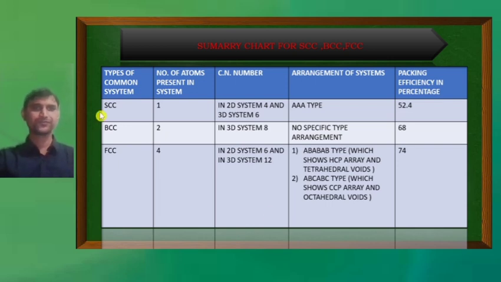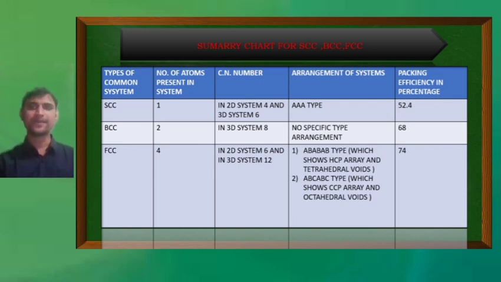FCC shows 4 number of atoms, Z is equal to 4, coordination number in 2 dimensional 6, in 3 dimensional 12. In the arrangement chart, see there are 2 kinds of arrangement. FCC shows ABAB type and ABC type of arrangement.